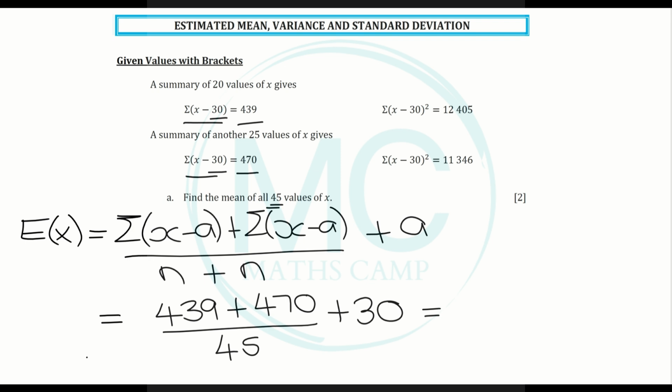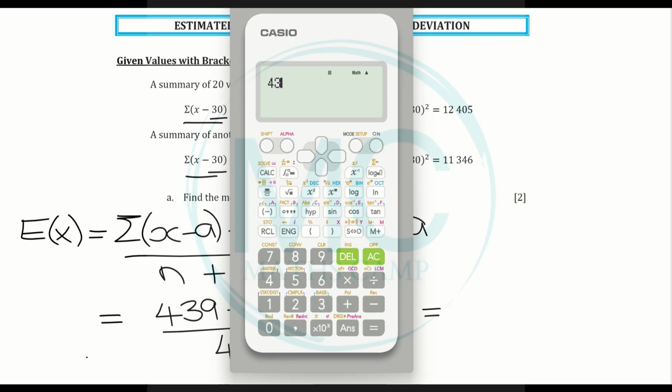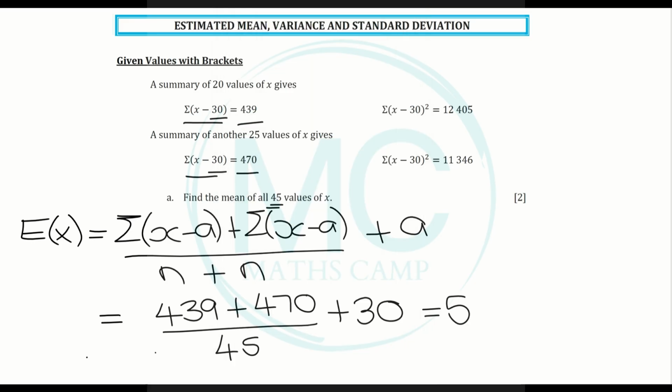Now I can put this into my calculator. I can say 439 plus 470 divided by 45 plus 30 is equal to 50.2. This is my mean.